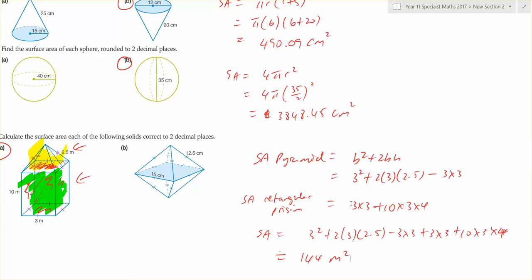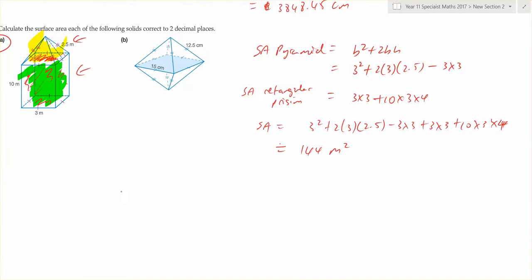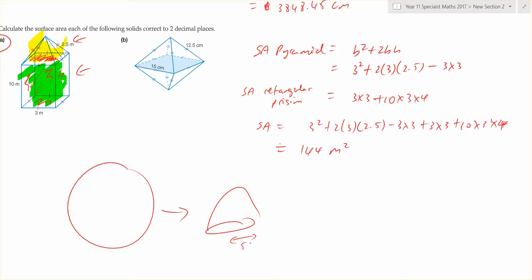Just out of interest, if I wanted to calculate the surface area of a hemisphere, so let's say I have half a sphere with radius 5 centimeters. You need to calculate the surface area of the outside half of the sphere, plus the extra part that's exposed, the circle.